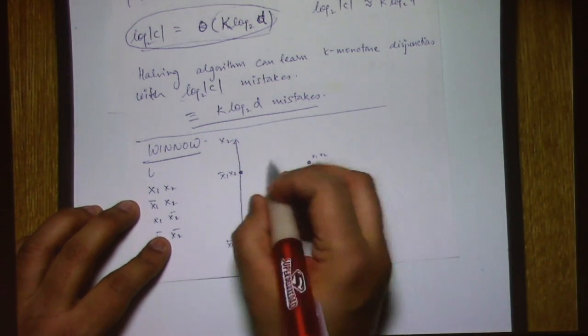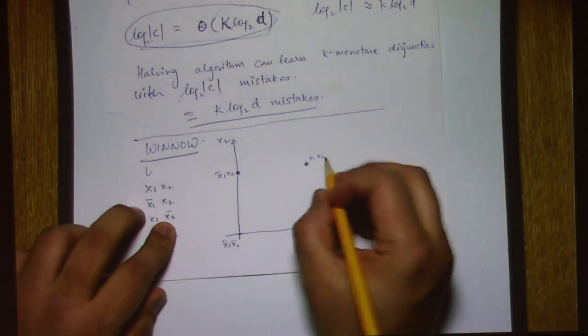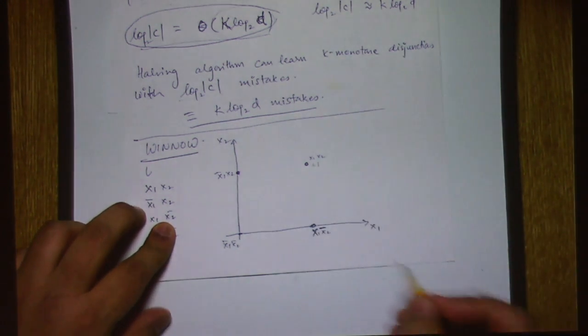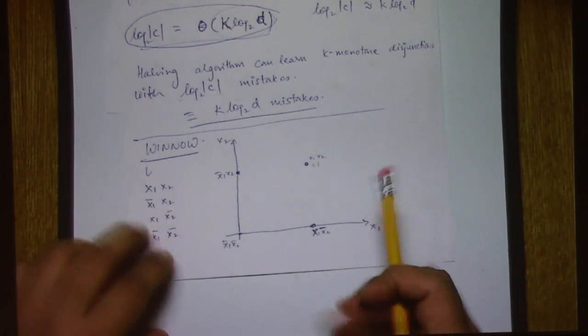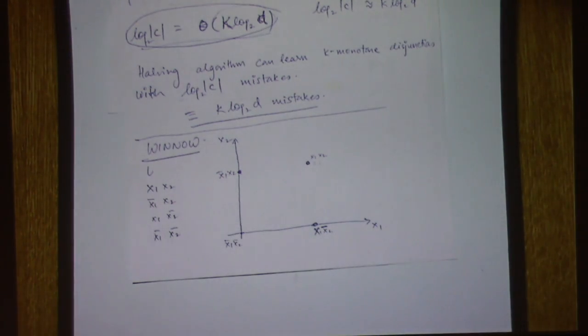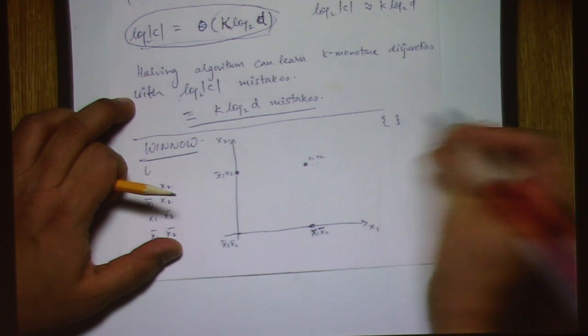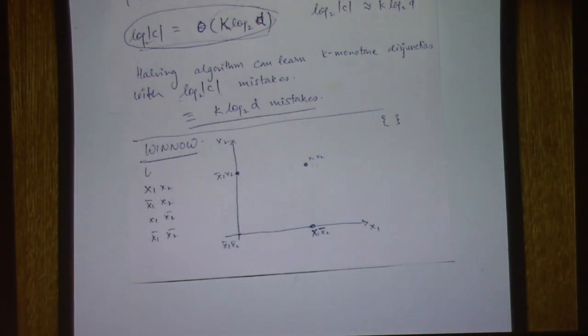So one concept could label this as +1. Well, actually, let's do that. We can enumerate all the possible concepts that there could be. One disjunctive concept could be something that calls everything positive.